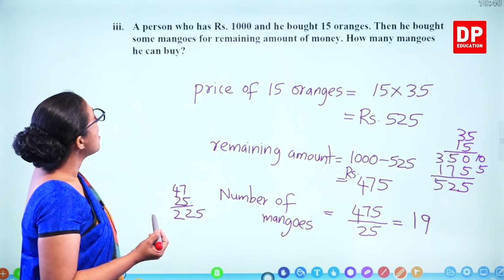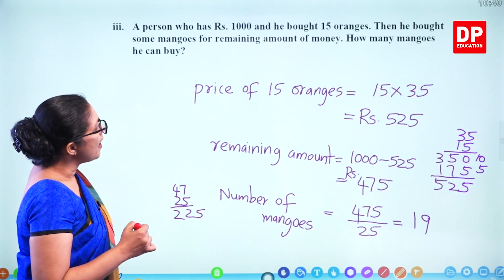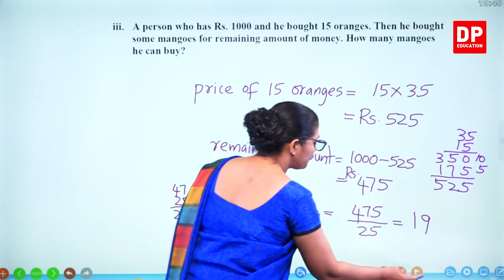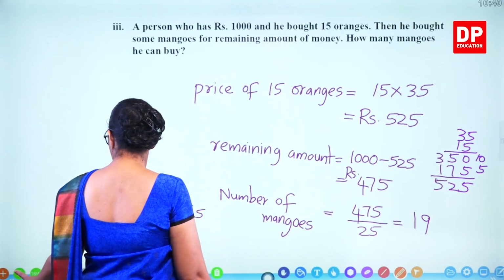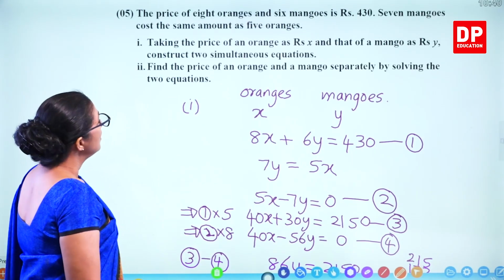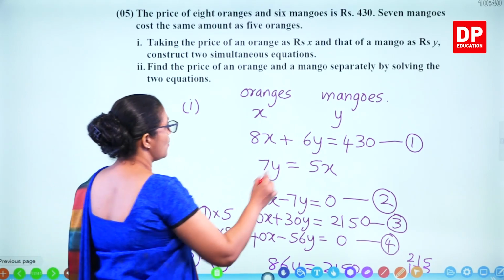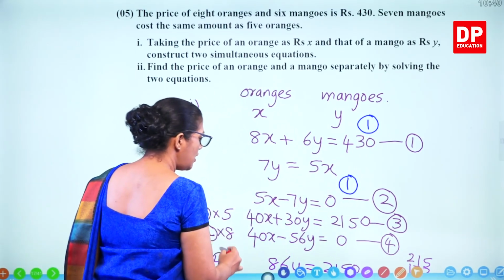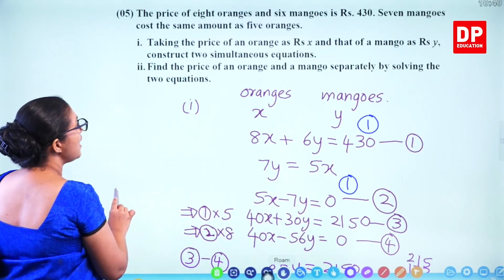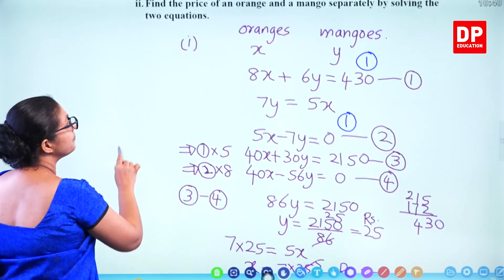So that's the answer. So 3 parts are there. So we'll give marks now. We'll give the first one. Here, writing the equation, first one, 1 mark. And writing the second equation, 1 mark. And then solving.